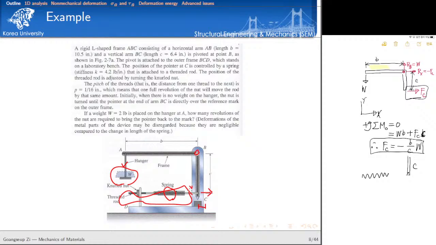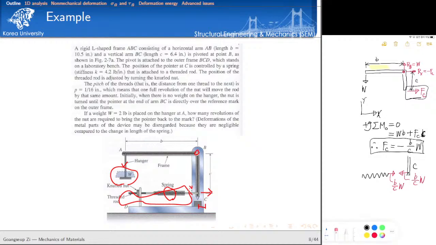Not in the right hand direction, it is to the left hand direction. Its magnitude is equal to B over C times W, isn't it? There must be force equilibrium at a cross section too. That's why we need to have exactly the same force, B over C and W. Okay?